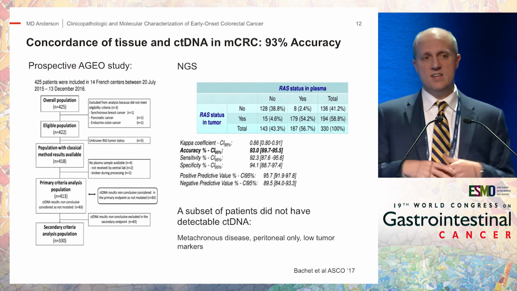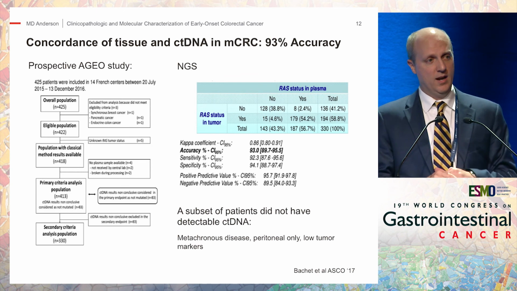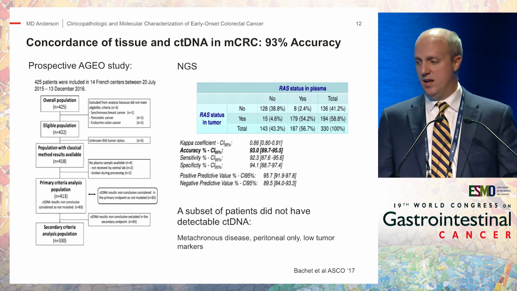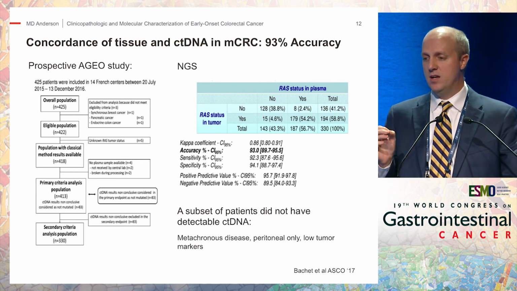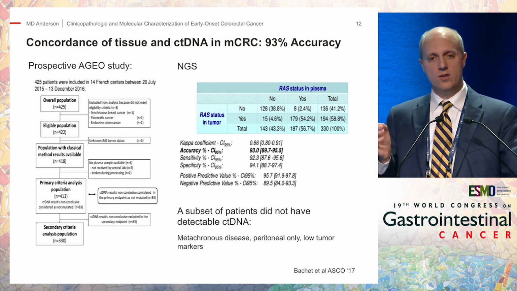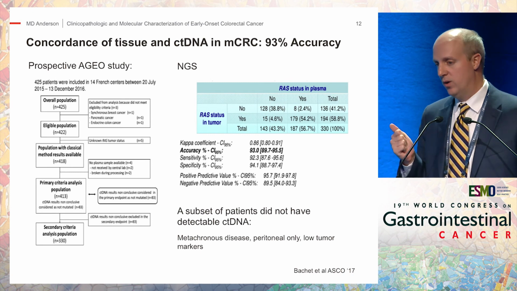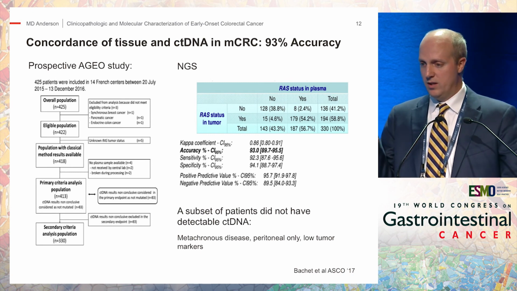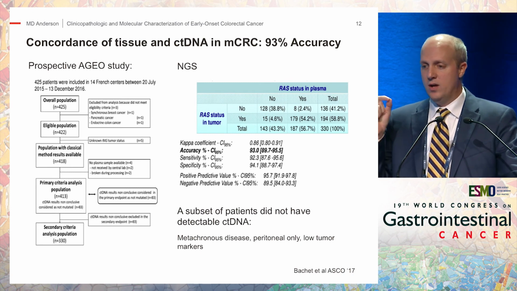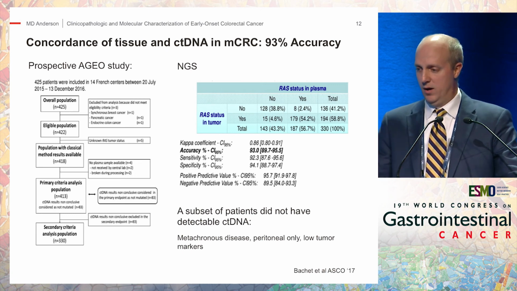So this is where ctDNA can come in. And I think there've been many studies that have really demonstrated the concordance of the ctDNA and tissue. I wanted to highlight one very nice one that was recently presented at ASCO, a prospective study with this goal in mind.